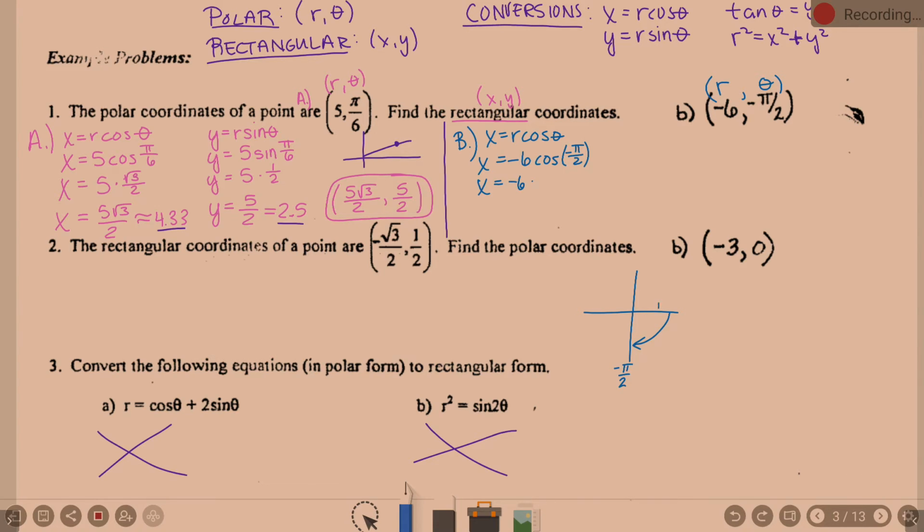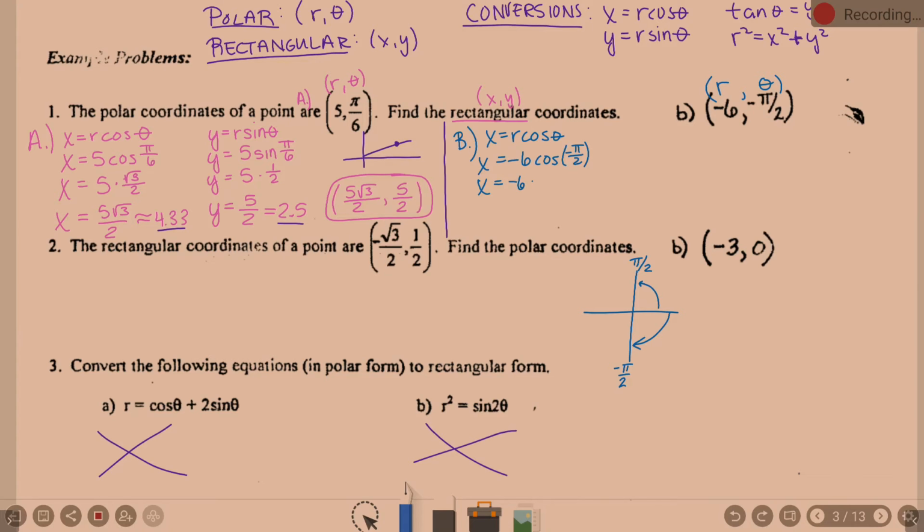Going up would be positive pi over 2, that's positive 90, yes? Negative pi over 2 takes you down, which is equivalent to positive 3 pi over 2, that's 270. So we're right here. What is cosine at this angle?